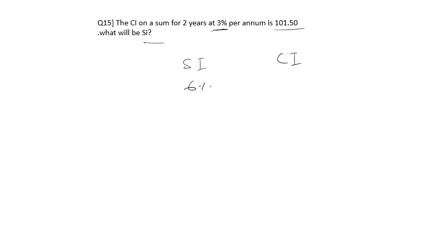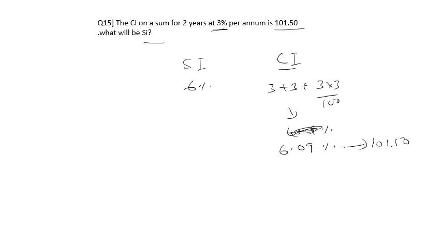For CI it will be 3% plus 3 into 3 by 100. This is the effective rate, guys. Effective rate of compound interest for 2 years is coming out to be 6.09%, guys.